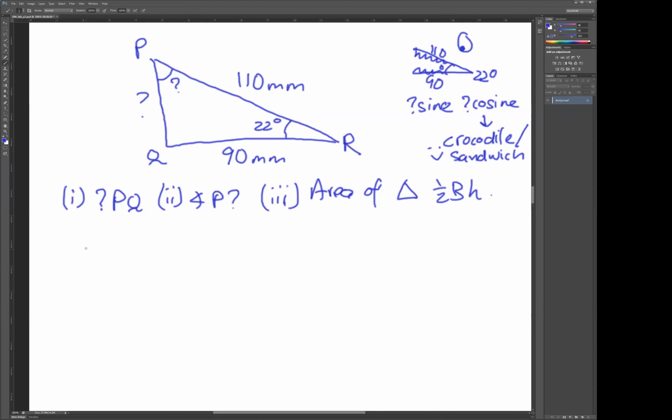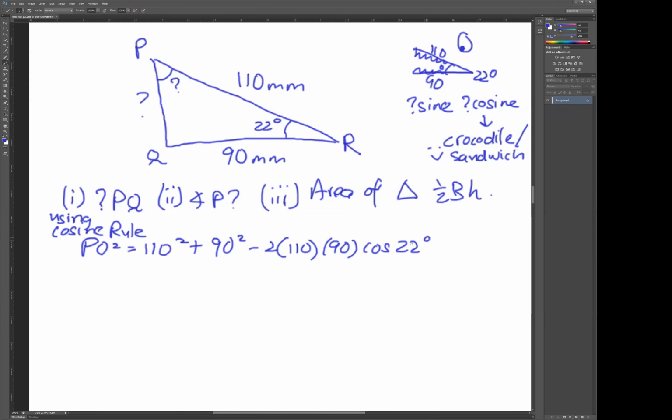All right, so you have PQ squared, using cosine rule, equals 110 squared plus 90 squared minus 2ab cos theta.